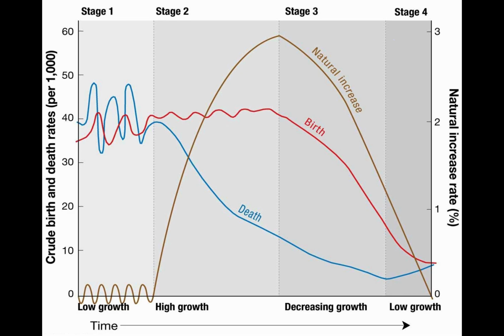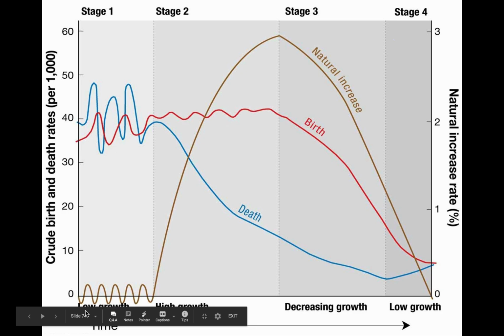That will continue throughout stage 2, and then the natural increase rate will slowly decline in stage 3, and then rapidly decline towards the end of stage 3, and then continue to decline in stage 4, where we begin to see the CBR and the CDR meet, which is known as zero population growth, ZPG. And so there's overall low growth, and as we move beyond stage 4, then there will be possible negative growth.